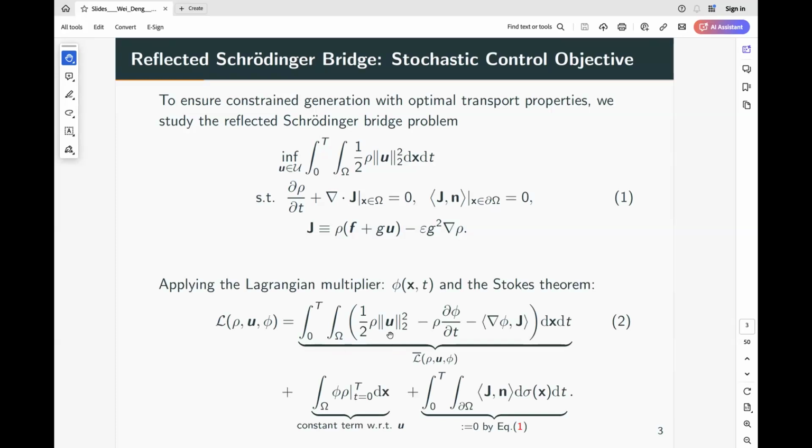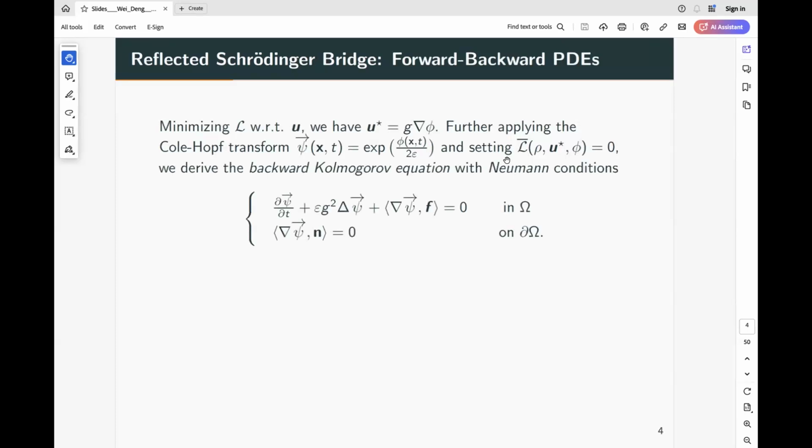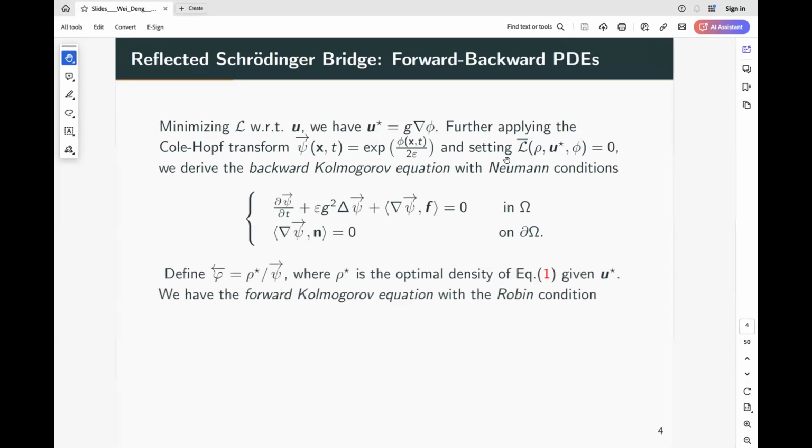If we further minimize the loss with respect to u, we get the optimal u to be g times the gradient of the multiplier. We further apply the exponential transform to get the forward potential function, and set this loss to 0. We can recover the backward Kolmogorov equation with Neumann conditions.